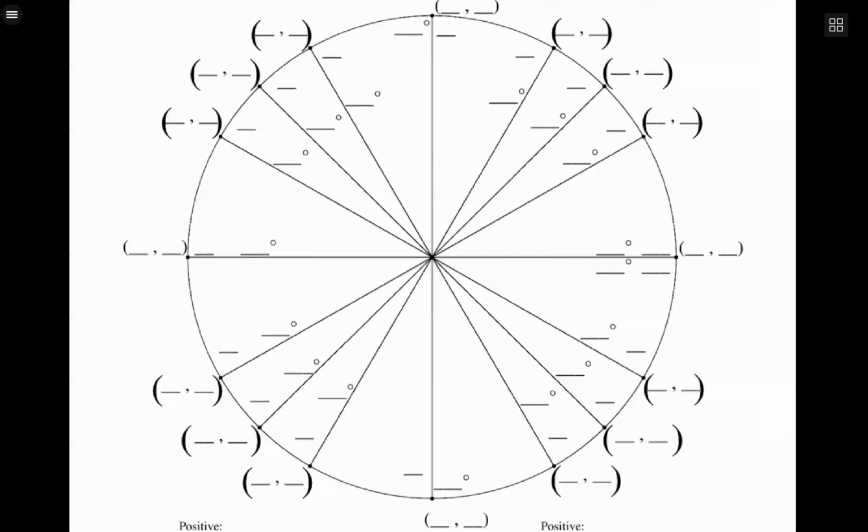So now we're going to fill in the rest of the unit circle. At the end of this, what we'll have is a guide with all of these different angle measurements with their matching coordinates. And with that, these x, y coordinates link to sine and cosine. Cosine being the x coordinate, sine being the y coordinate.